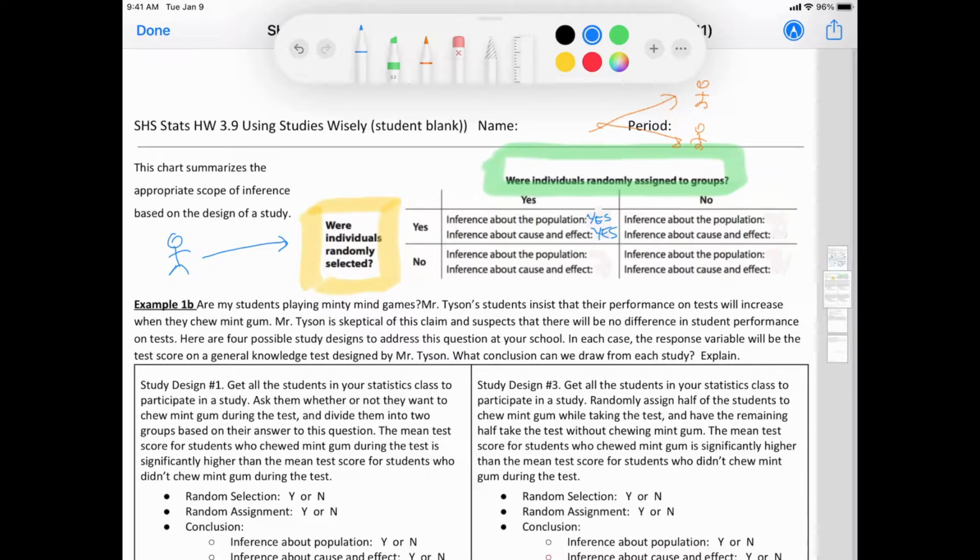So basically, this one is based off of this one here. All the cause and effects are if you are randomly assigning them to groups. If you are, how are you getting them? If the individuals are randomly selected, then that talks about the population.